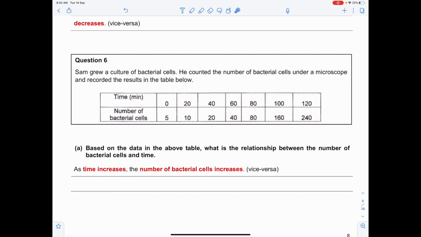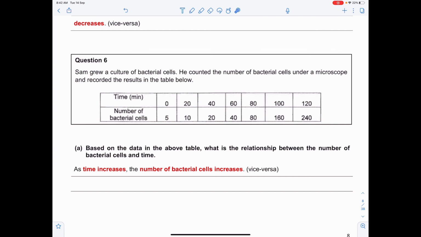A ruler is the same thing. A meter rule is not as accurate as a vernier caliper. It's not in your syllabus, but the whole idea is a vernier caliper can measure up to higher accuracy. It's also about whether your method of measurement is the best possible way to obtain the measurement that you want. What do I mean by that?